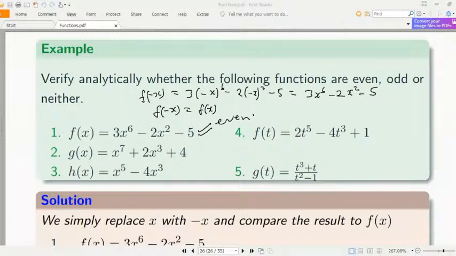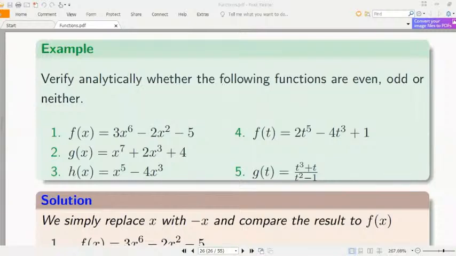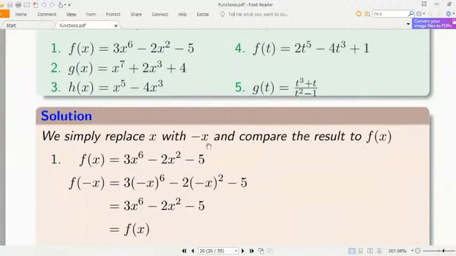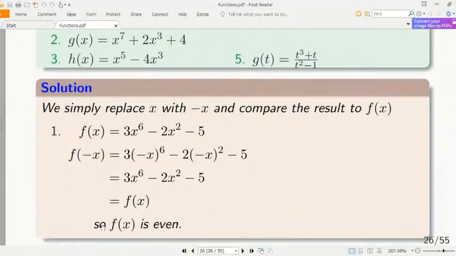If f of negative x is the same as f of x, then it's even. That's what I've done here: we simply replace x with negative x and compare the result to that of f of x. f of x is here, f of negative x is this, and you can see that this is the same as f of x. And so what is my conclusion? That f of x is even.